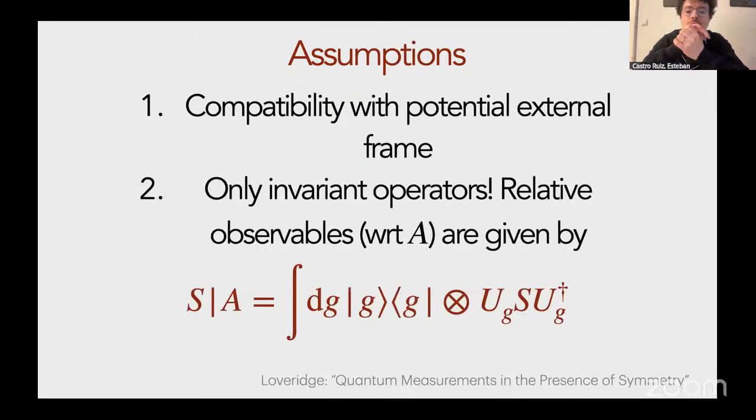The second assumption I want to make is, well, one is kind of almost the definition of lacking a reference frame. If you lack a reference frame for a certain group G, you can only measure or have access to operators that are invariant under the action of such a group G.